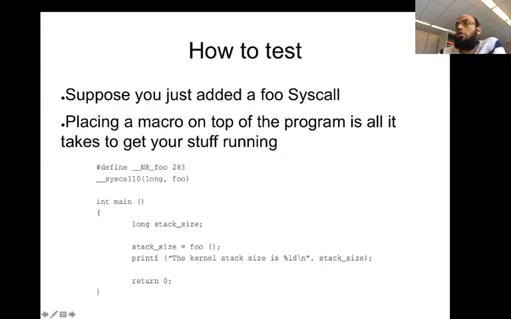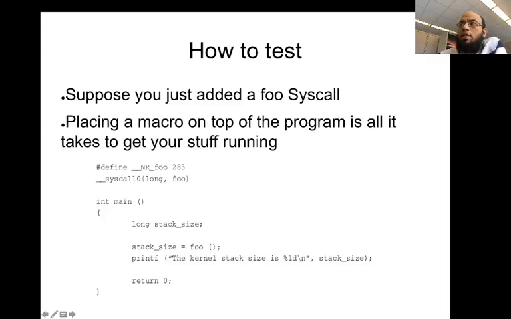So how do you test a system call? Suppose you just added a foo syscall to your system. You place a macro on top of the program, and that is all it takes to get your stuff up and running. So #define __NR_foo 283, and this is a syscall that takes 0 inputs, returns long, and is called foo.